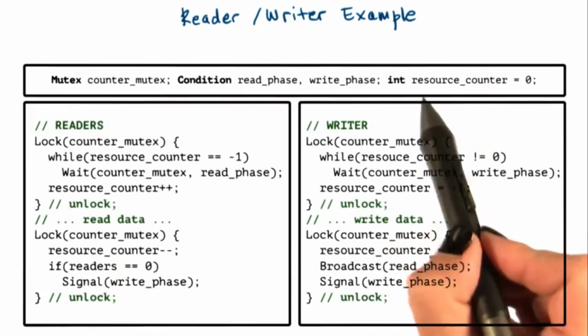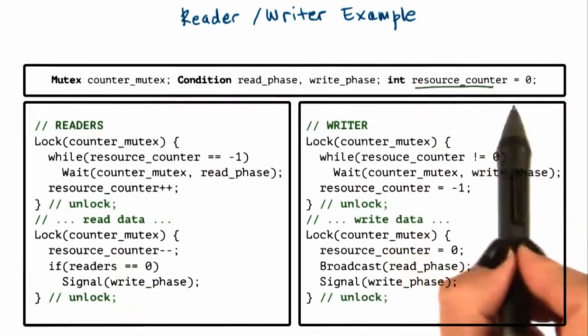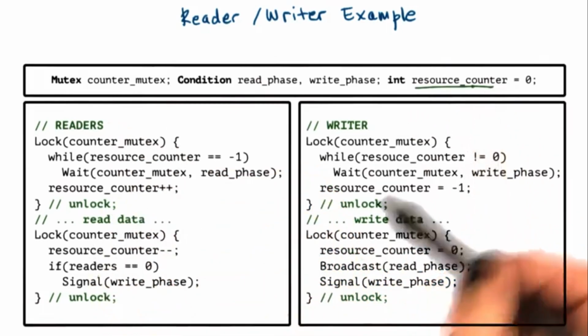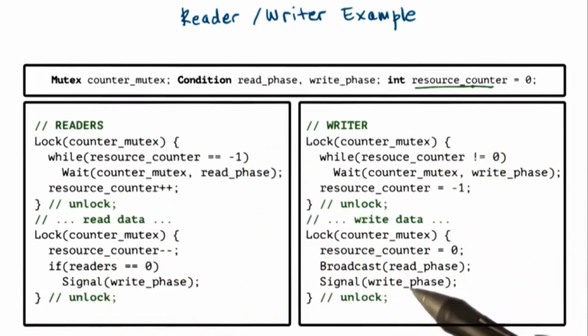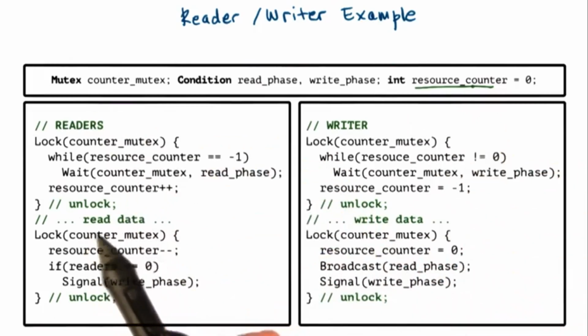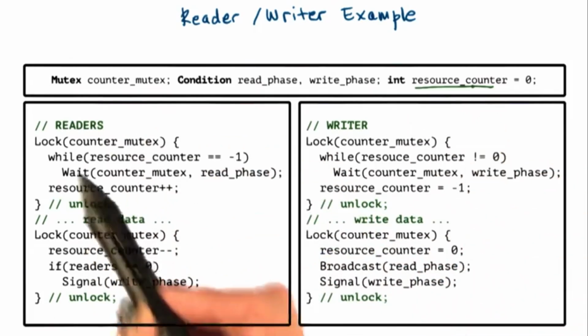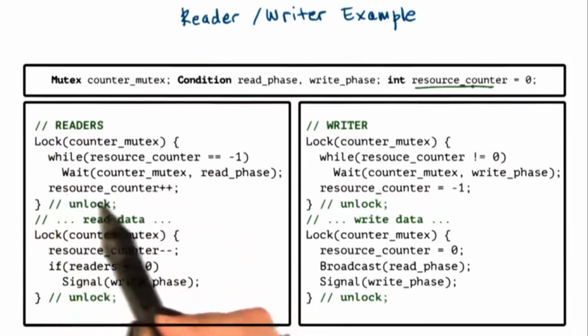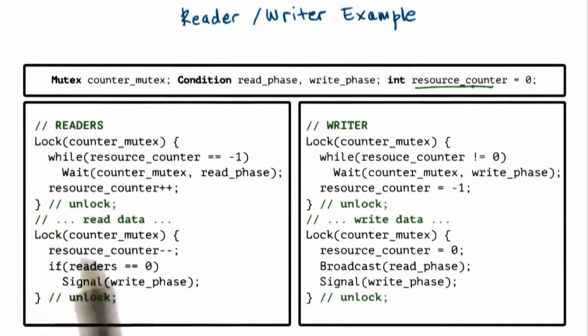Instead, what we do is we introduce this helper variable, resource counter, and then we make sure that in our code, on both the readers and the writer side, before we perform the read operation, we first perform a controlled operation in which the resource counter is updated.